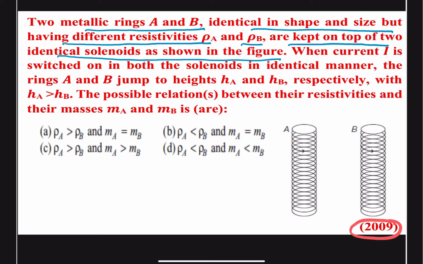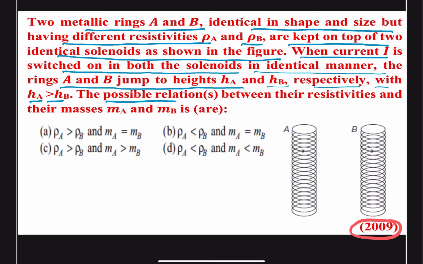When the current I is switched on in both the solenoids in identical manner, the ring A and ring B jump heights HA and HB respectively, with HA greater than HB. The possible relationship between their resistivities and their masses MA and MB is or are. So this is also a multi-correct option.